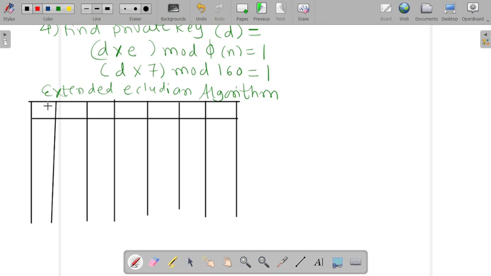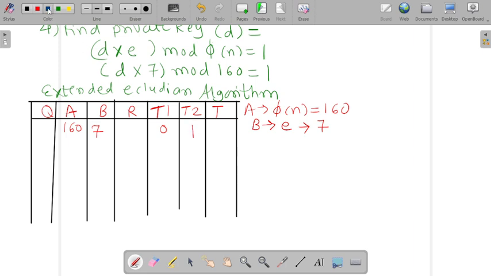First of all, quotient is there, then value of our A, value of our B, then remainder, value of T1, T2 and value of T. So value of A is nothing but your value of phi of n. So your phi of n is equal to 160. So I am putting here value 160. Then value of B is value of your public key. So here the value of public key is given, that is 7. So I am putting here value of B is equal to 7. Now value of T1 and T2 will be 0 and 1 respectively.